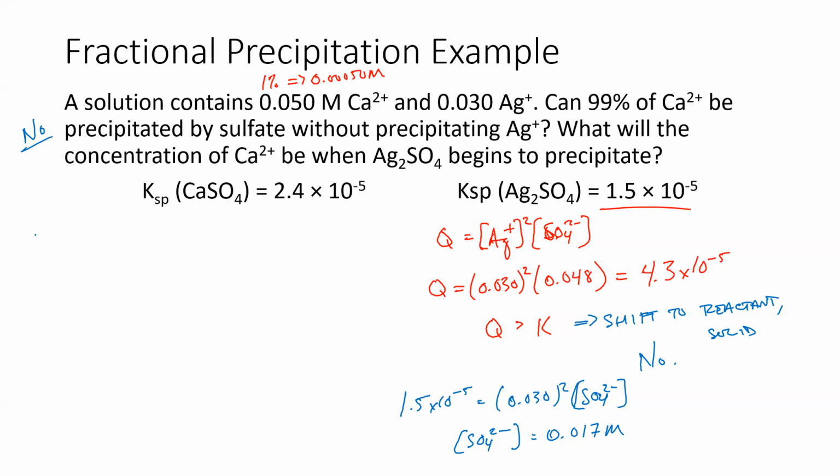And so now I'm going to plug everything back into the calcium KSP. 2.4 times 10 to the negative 5 equals the concentration of calcium times 0.017 molar for the sulfate. 2.4 times 10 to the negative 5 divided by 0.017.